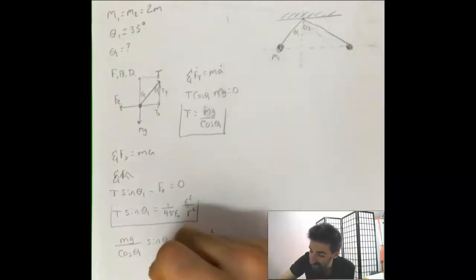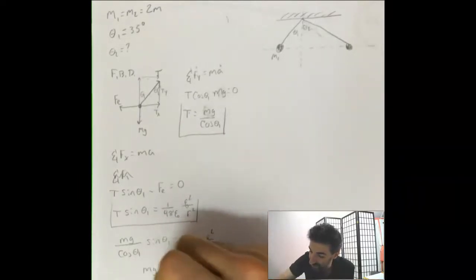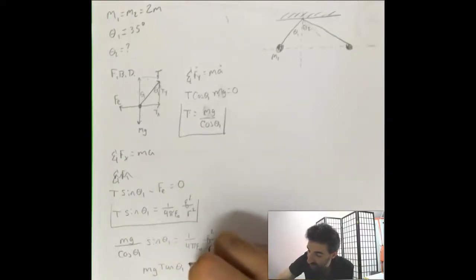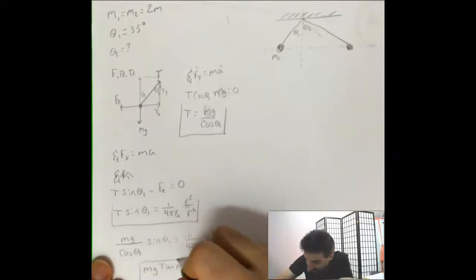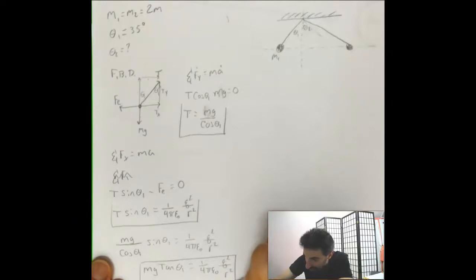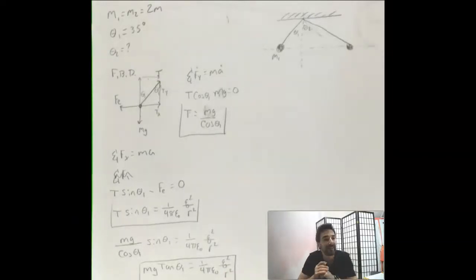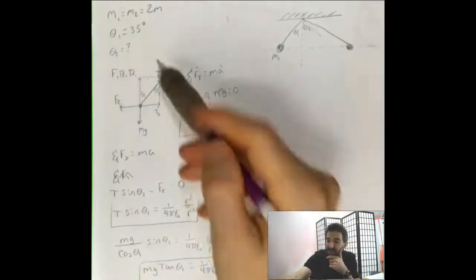Sine over cosine is tan, so I've got mg tan theta 1 equals 1 over 4 pi epsilon 0 q squared over r squared. And I know the value of theta 1 was given as 35 degrees.